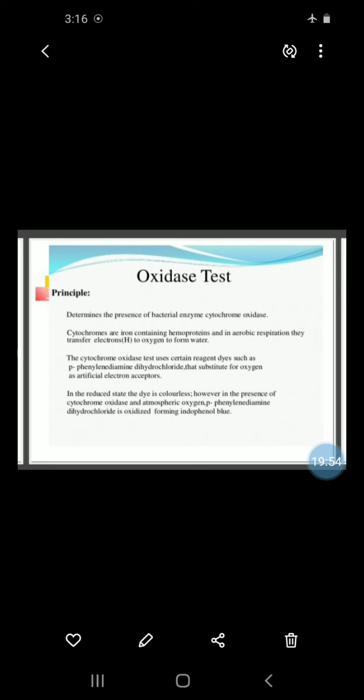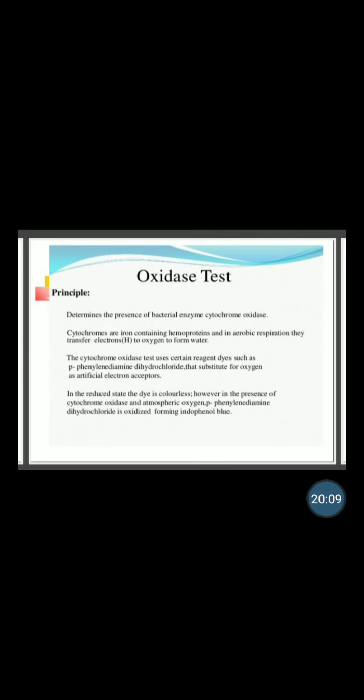The cytochrome oxidase test uses certain reagent dyes such as paraphenylenediamine dihydrochloride, which substitute for oxygen as an artificial electron acceptor. In the reduced state, the dye is colorless.